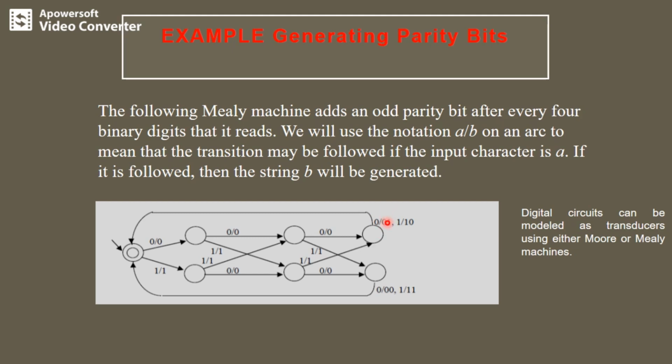When it reads 0, it's going to generate 0, 1, because there are 4 zeros, and to make the number of ones odd, it just gives 1. Now if it reads 1 as a fourth bit, then it is going to generate 1, 0. Why? Because this will be the fourth bit and this will be the fifth bit, so it is making only one 1 in the list.